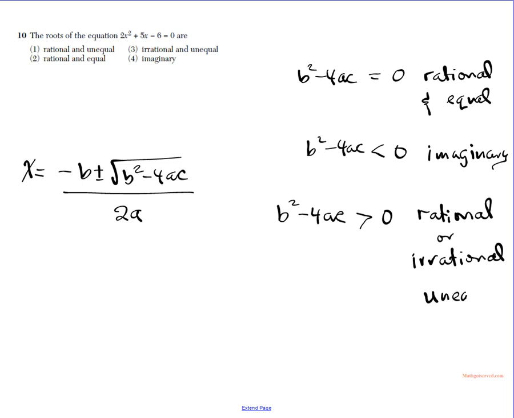Okay? So whenever the discriminant is bigger than 0, it's either going to be rational or irrational, but you're guaranteed one thing: they're going to be unequal. All right? Whenever it's equal to 0, it's going to be rational and equal.